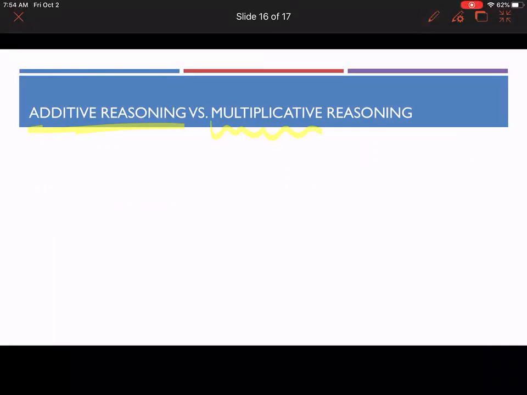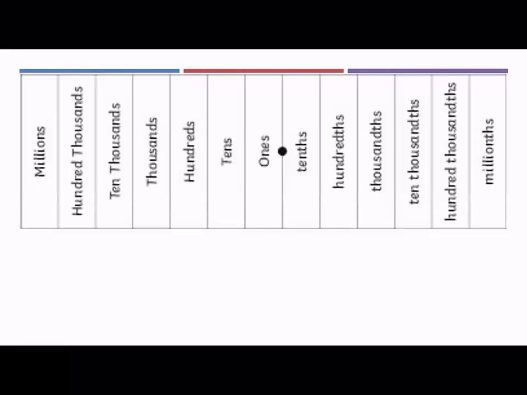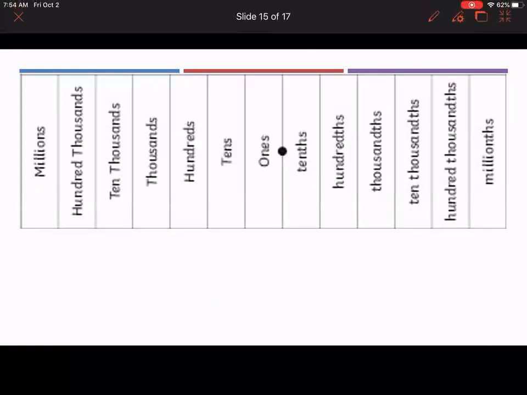And that's really important when we get to this little chart. This is our place value chart. Here's our decimal. Actually, I'm probably going to want to write down here: our decimal point is right here.